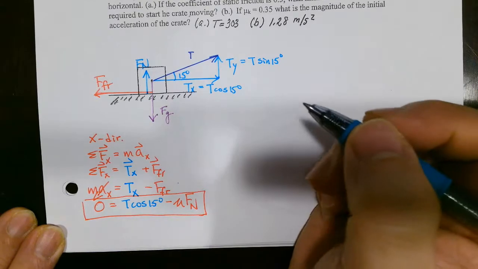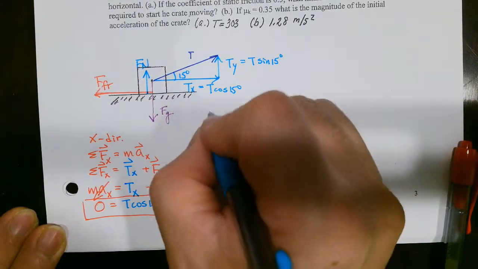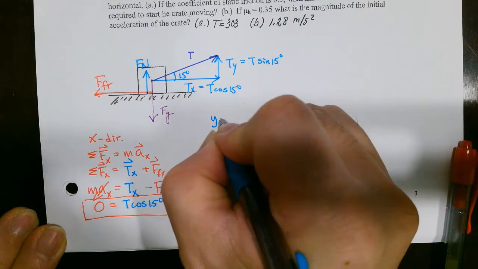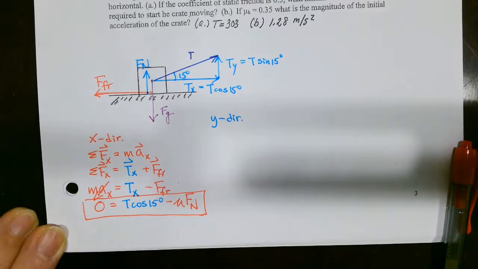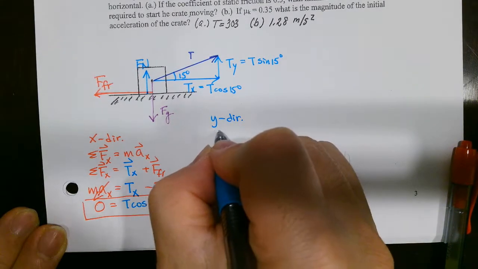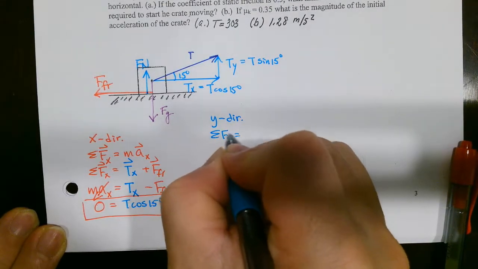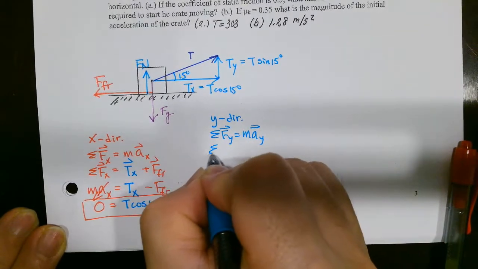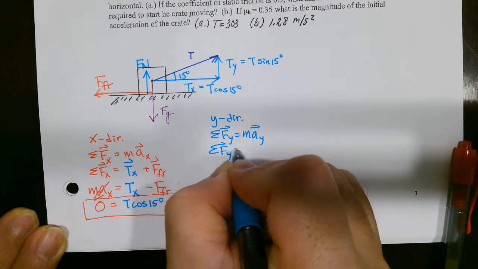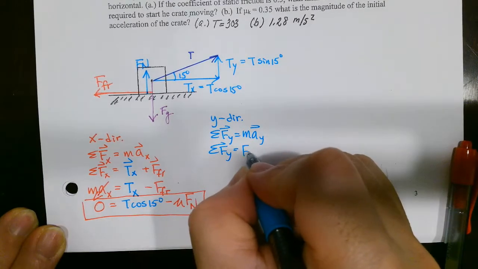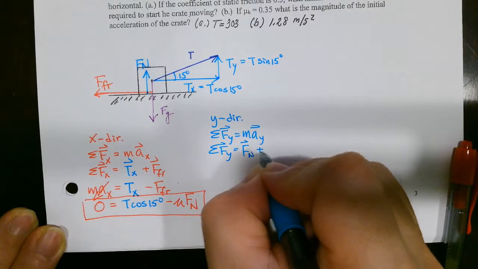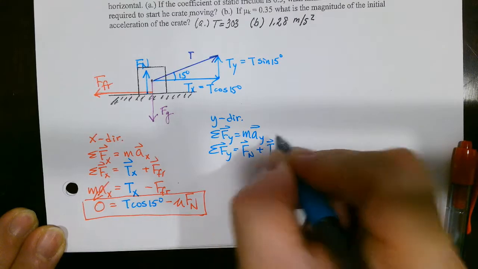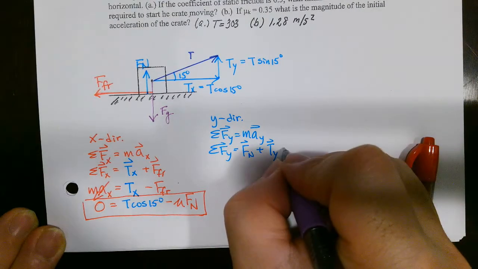So let's take a look at the y direction. The sum of all forces in y is equal to may. And the sum of all forces in y is F normal plus Ty plus Fg.